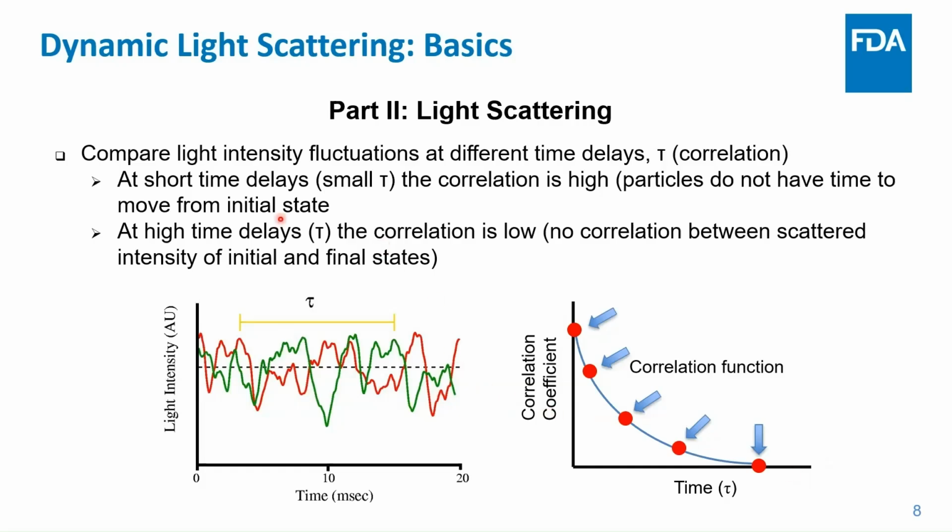So the short time delay correlates to basically where there's been no movement. It's basically the original intensities. And then how fast it takes for it to drop off, that correlation is related to the diffusion and the particle size.